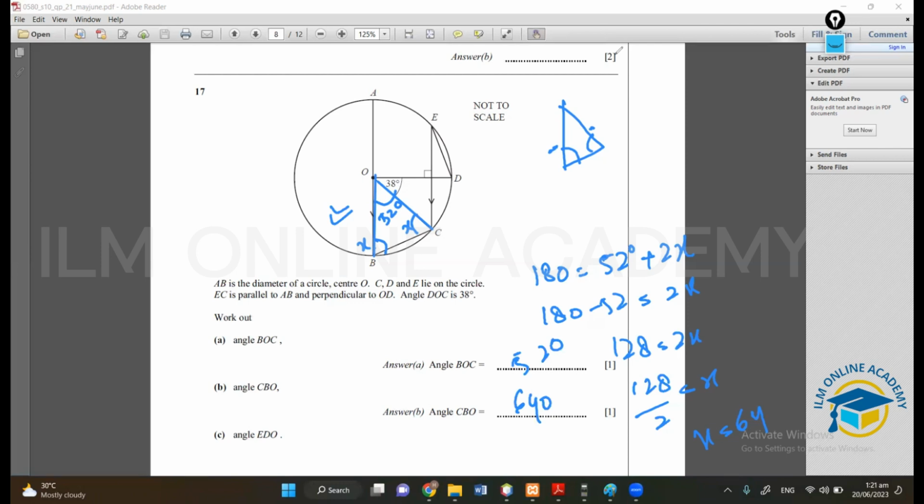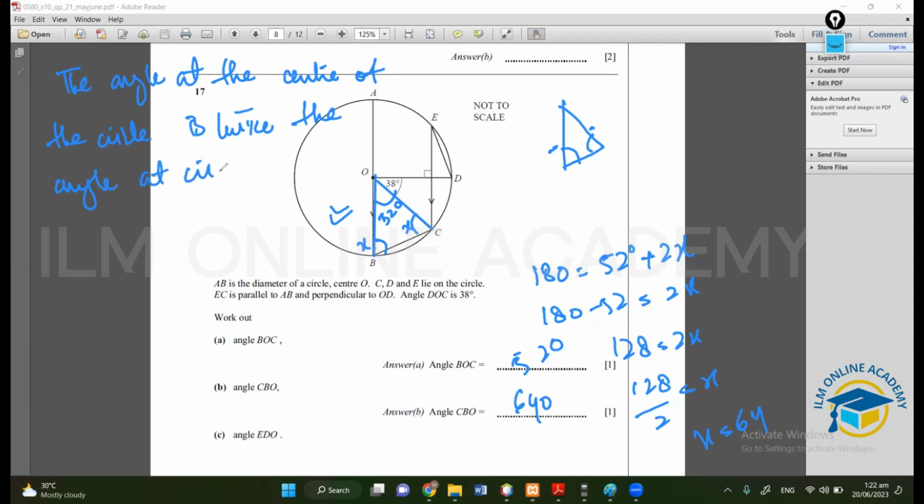Part C contains another property of the circle, and that property is, remember, the angle at the center of the circle is twice the angle at the circumference.